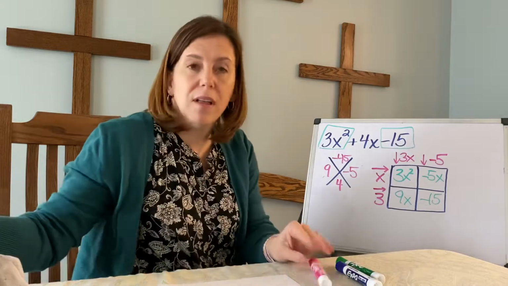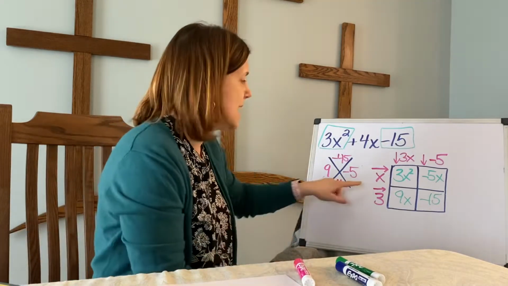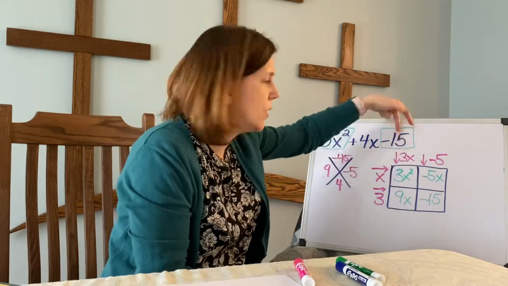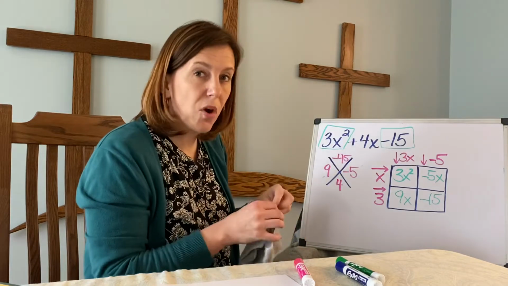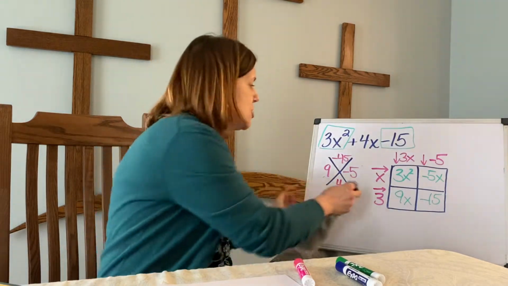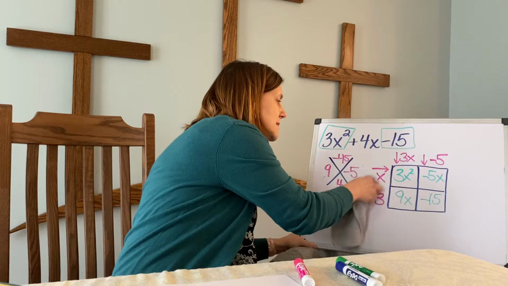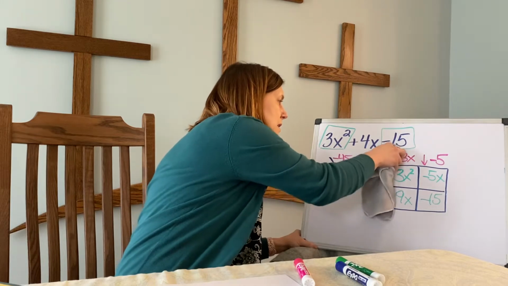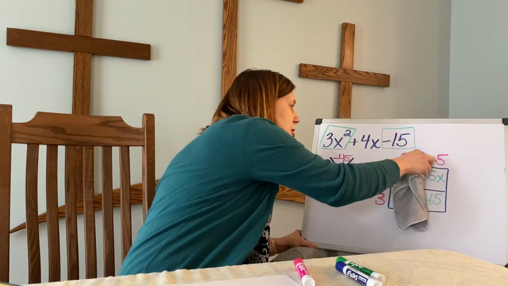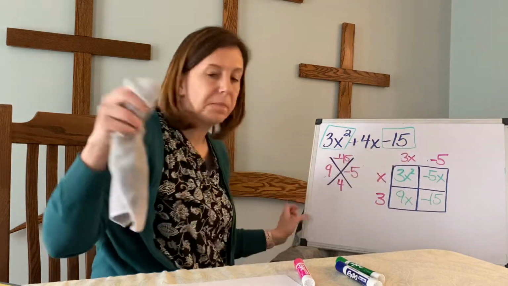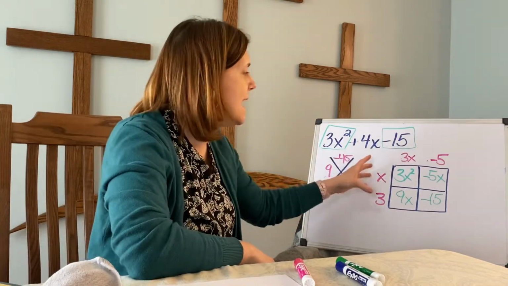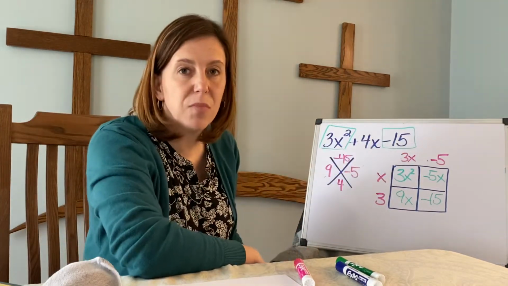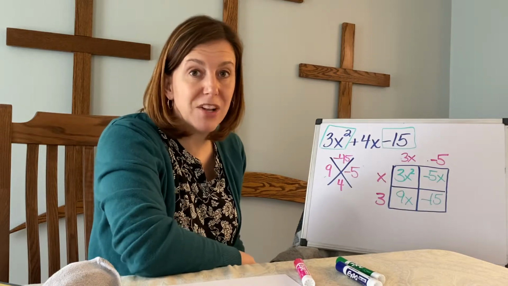Okay, so hold on a second. You see those arrows that I used to show you where I'm taking my greatest common factor? I'm going to erase them at this moment just so that it's not confusing for our last step here. Because what I have on the sides and on the top of this table can be formed into binomials.